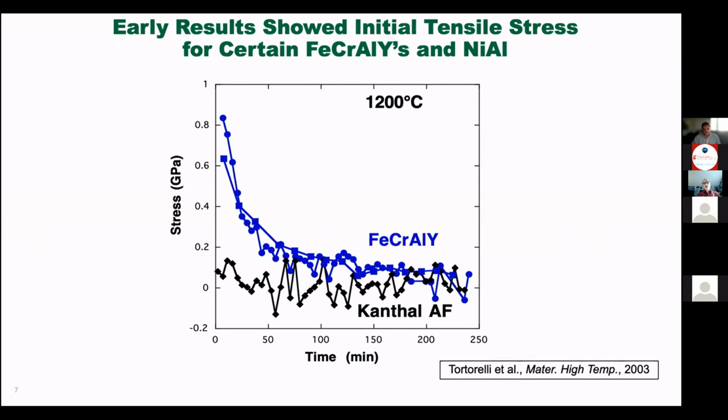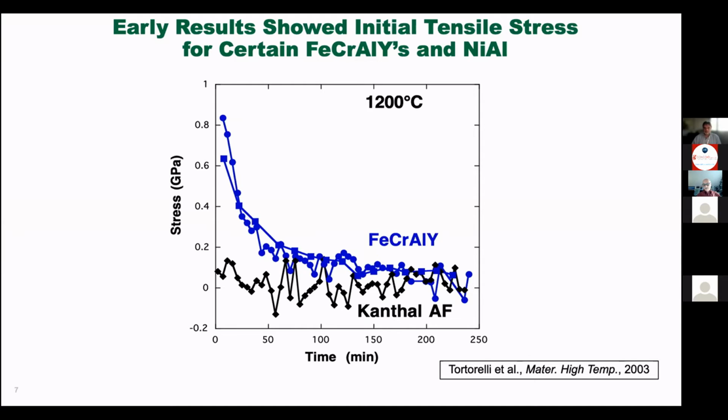Here's some early results where we showed the appearance of initial tensile stress for certain FeCrAl qualities and nickel aluminide. And I say certain FeCrAl qualities because, as you can see in the lab-made alloy here, we saw a very early initial tensile stress that rapidly decreased with time.